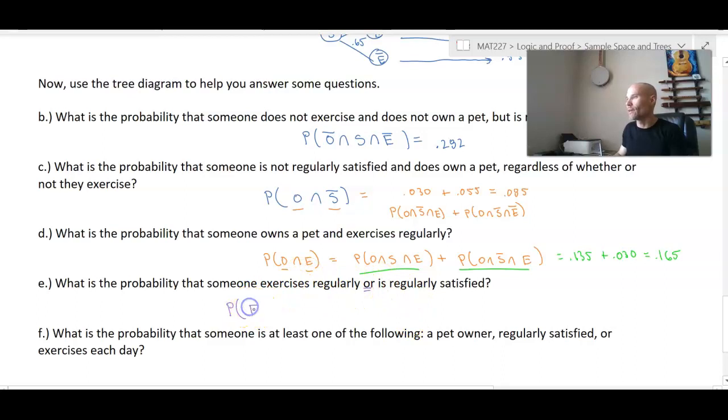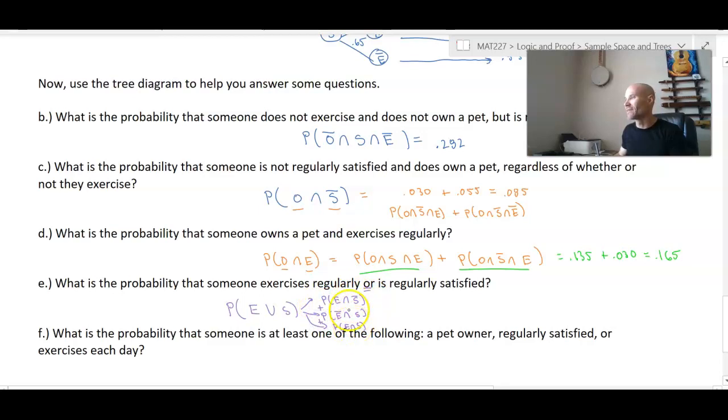So probability that you exercise or are satisfied. Now remember, that's the percentage of people who are just one. So exercise but are not necessarily satisfied. Who do the other? So they don't exercise but they are satisfied. Or the third, where they are both of those things. Remember, or means just one, just the other, both. So we're going to add these three together.